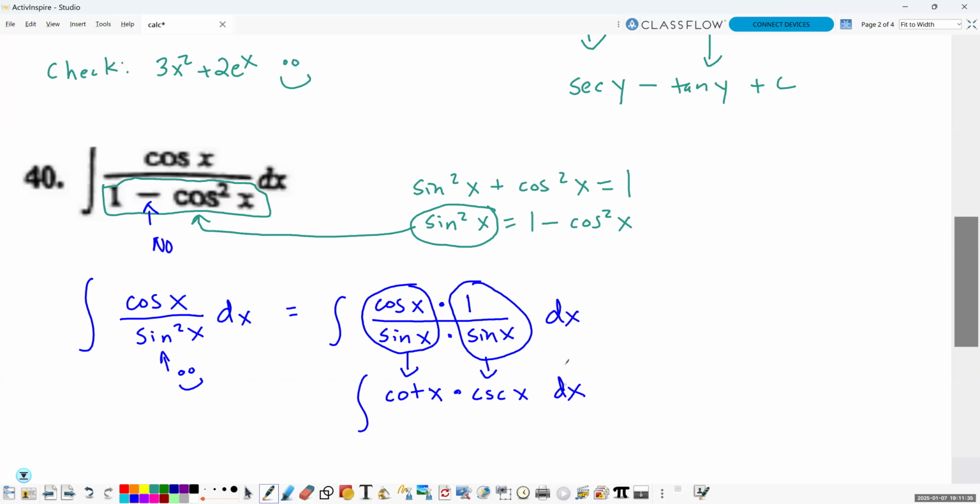Okay, so now what has an integral of cotangent cosecant, or cosecant cotangent? Let's think. What has a derivative equal to negative cosecant cotangent?